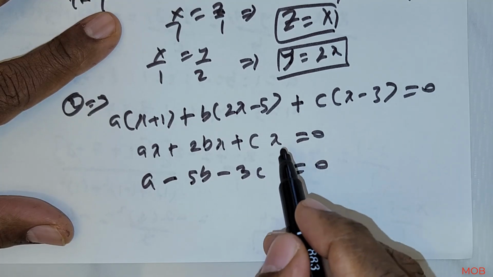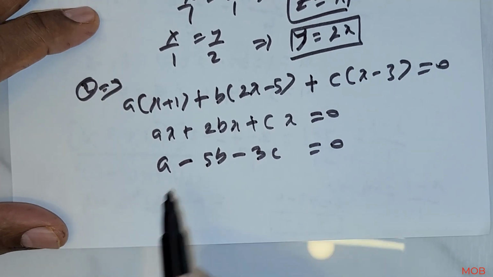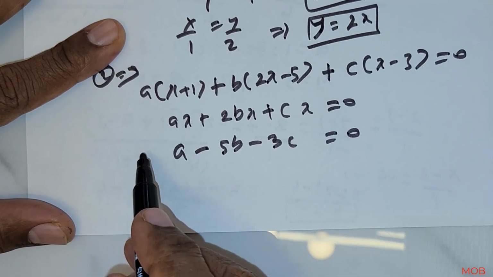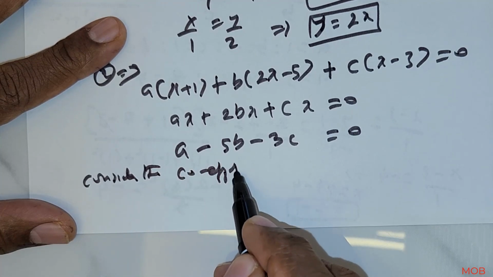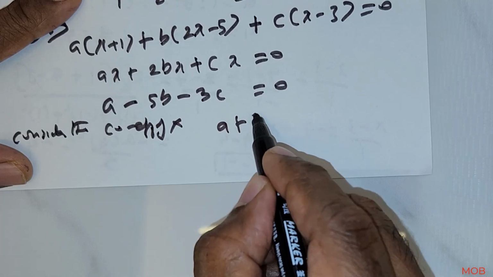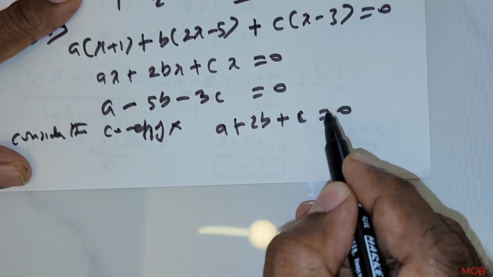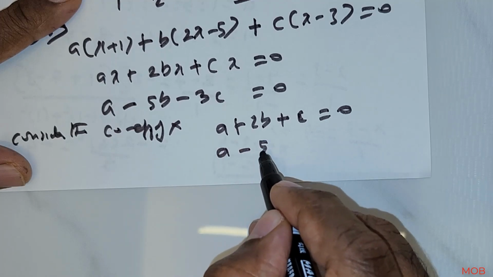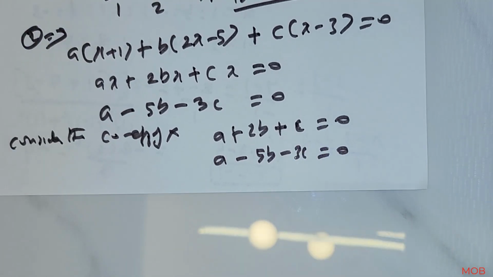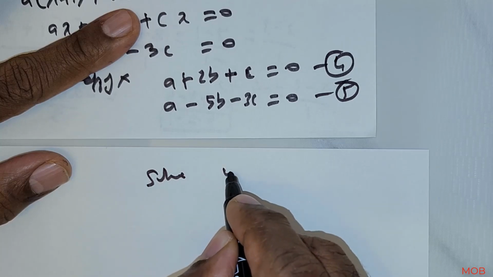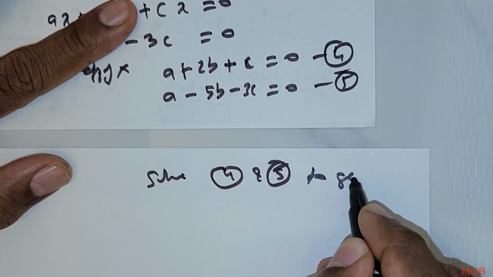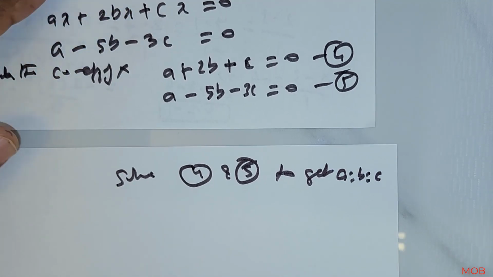So if I take the coefficient of x, that is going to be a plus 2b plus c is equal to 0, and just the constant term, a minus 5b minus 3c is equal to 0. So we will solve these two systems. I take this as sum 4 and 5. Solve 4 and 5 to get a, b and c. So that's the objective.